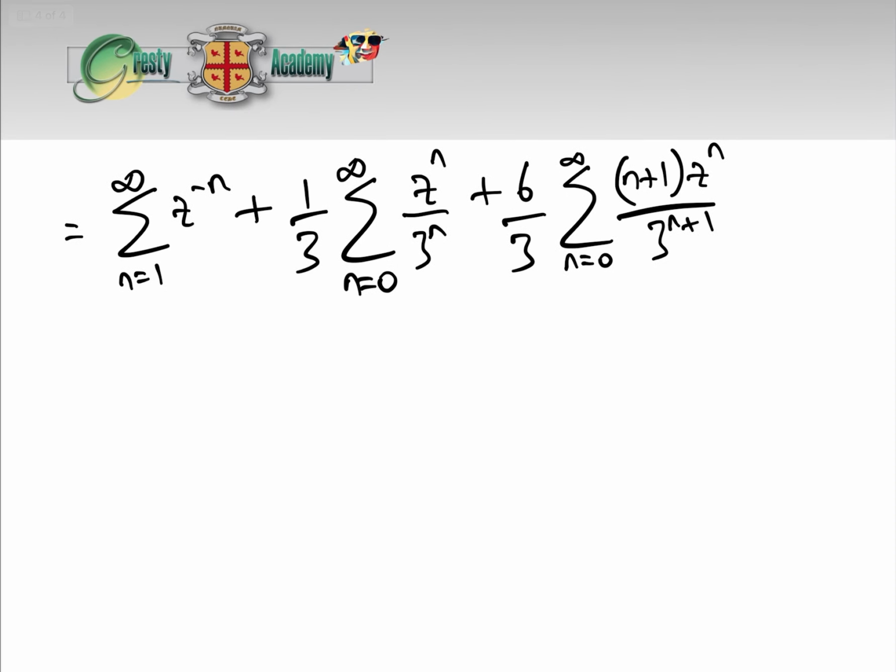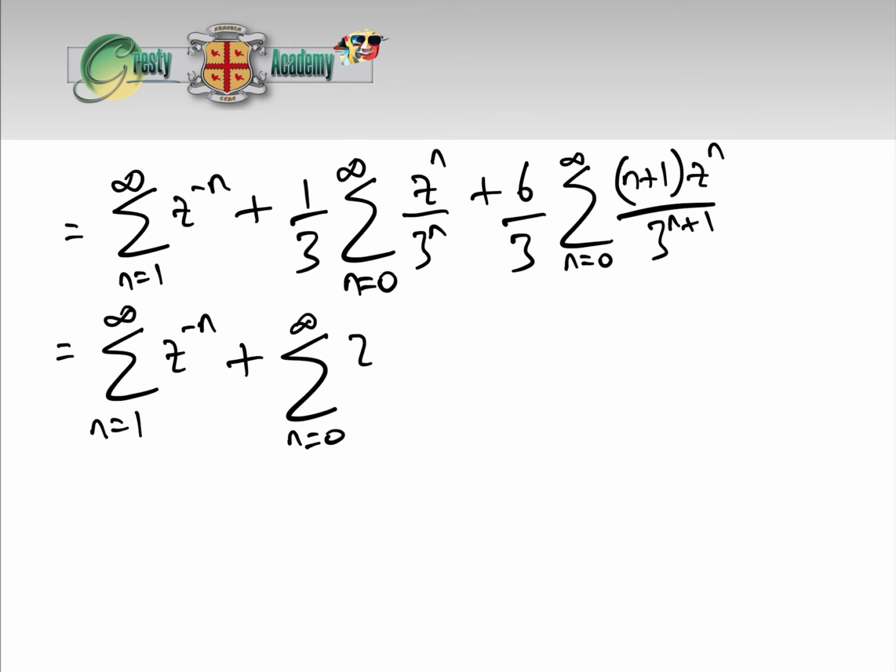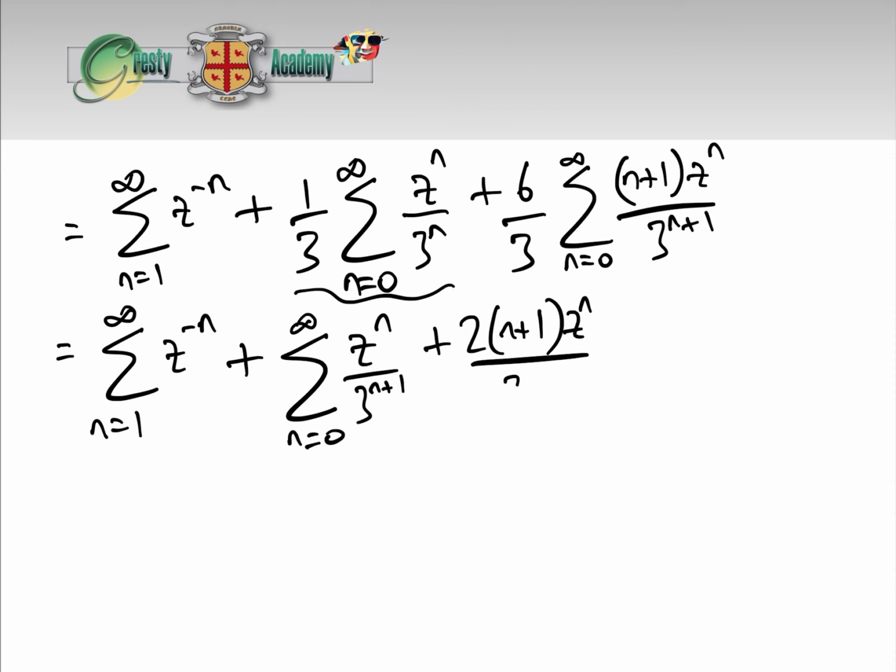We're almost there now. There's not much we can do with the Laurent part, it's the sum from n equals 1 to infinity of z to the minus n. Add, okay, well, let's just see if we can tidy this up. That's the sum from n equals 0 to infinity of z to the n over 3 to the n plus 1. That's that one. Add 2n plus 1 z to the n over 3 to the n plus 1.